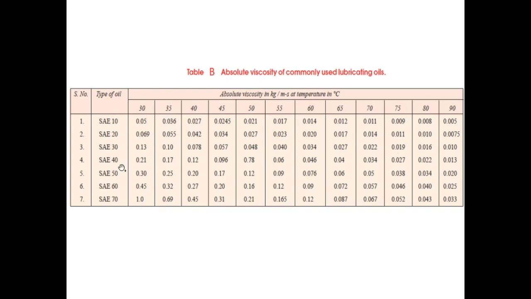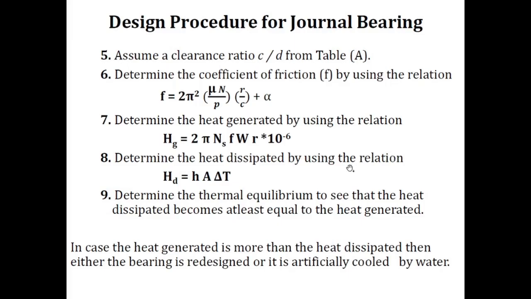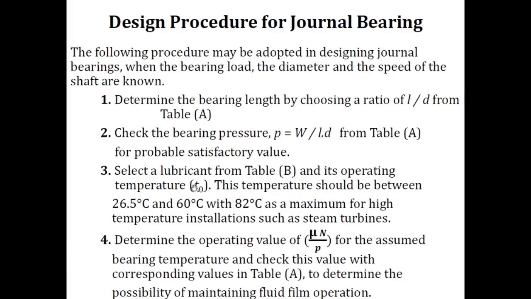So suppose you are selecting a particular oil, suppose SAE 50, and if it is going to operate at a temperature of 75 degrees, what should be the value of your absolute viscosity, that is given in the table. So this table will give you the idea for the selection of the lubricant for your particular operating temperature, that is, at what temperature you are going to operate your bearing.